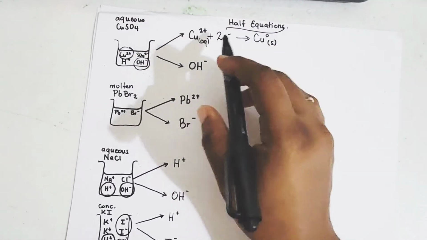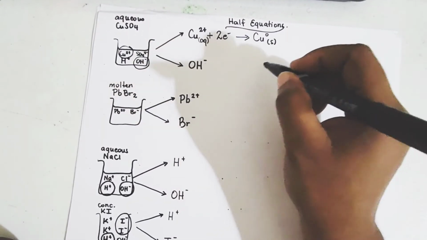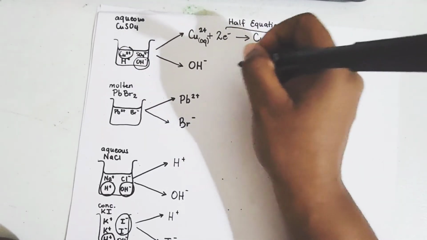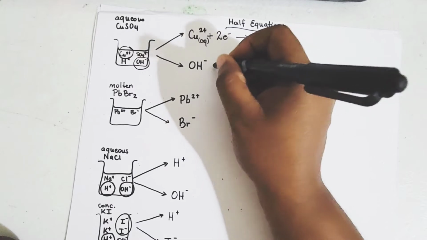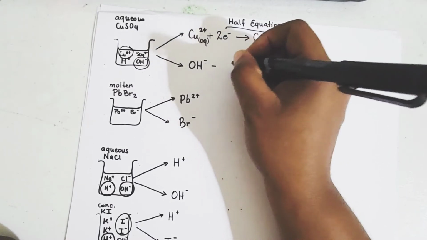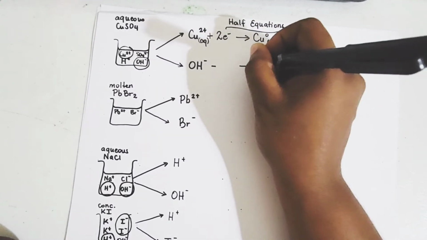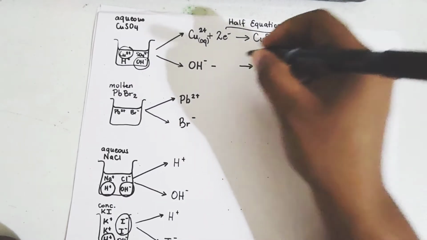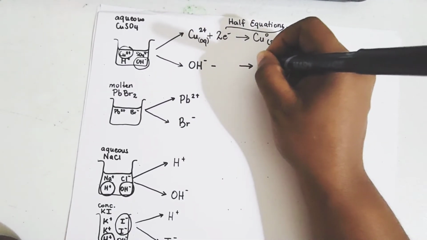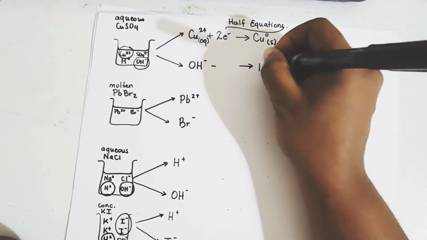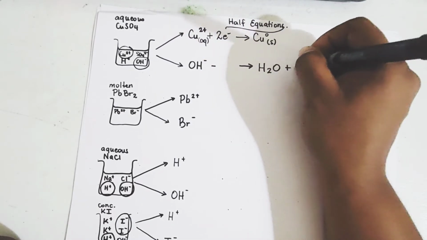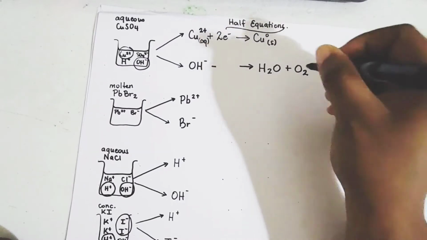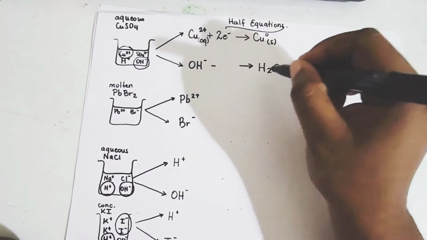So this is aqueous. With the hydroxide now, hydroxide is kind of different, but all you need to remember is that if you have a negative sign here, you can put a minus sign here. I'm going to put an arrow here. Usually with hydroxide ions, you're going to have water coming off. You're going to have water coming off plus oxygen. Okay? That's what you need to remember. You're going to have water coming off plus oxygen.